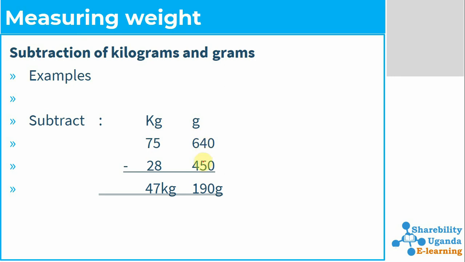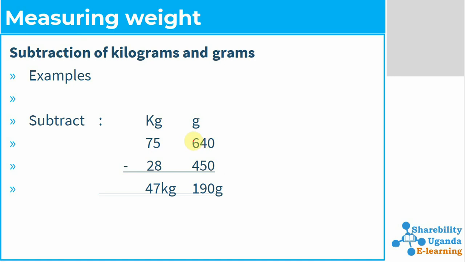Then 4 minus 5? That is impossible. That means we shall need to borrow. When we borrow, we can borrow one from here because they are still grams, and we have 14.